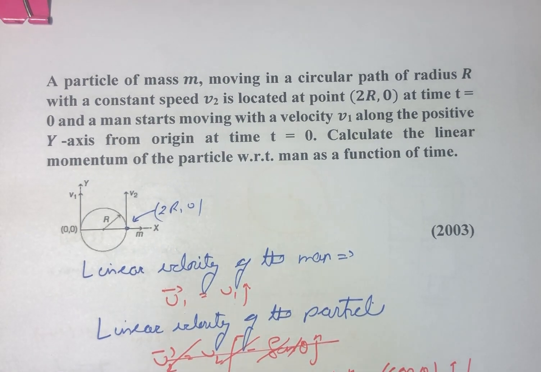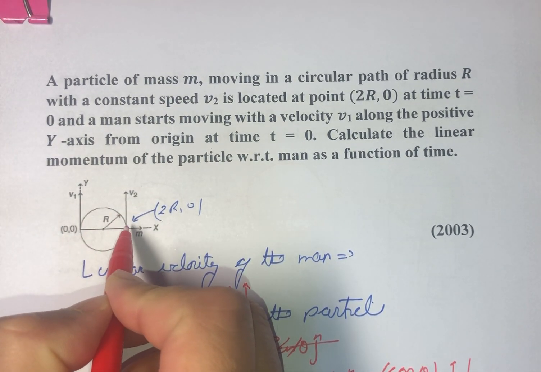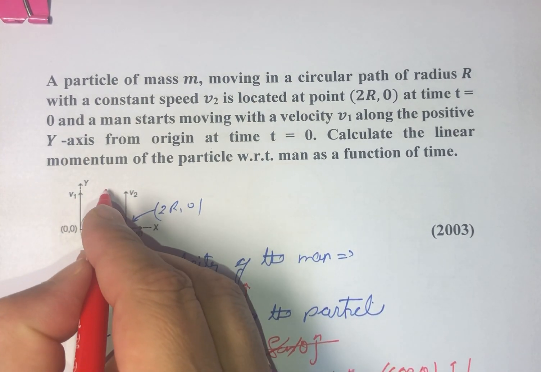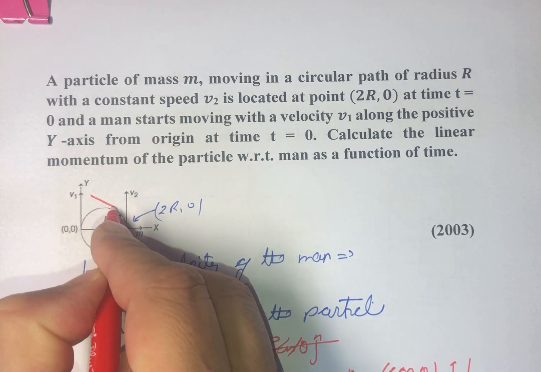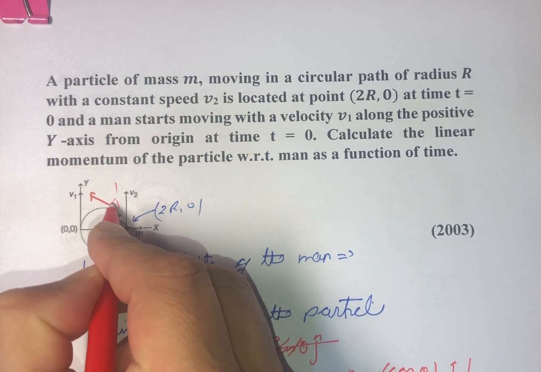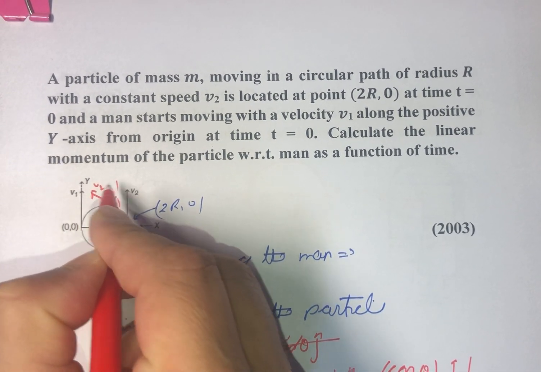And in this case, theta is the angle made by the v2 velocity. Suppose at some instant it will be something like this. So we are going to have theta, and this will be v2.